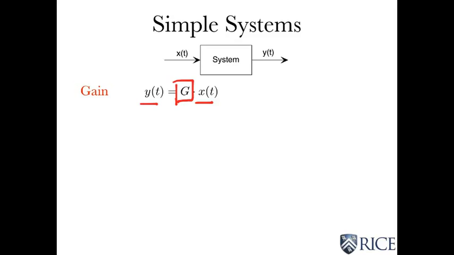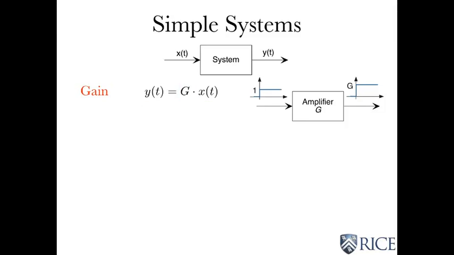It just takes the input, multiplies it times a number, and that's its output. So you can use the unit step as an example input to see how this works. The input here, as I've drawn it, is a unit step, and then the output is the same unit step, except it's now got an amplitude of g instead of 1, whatever that is.